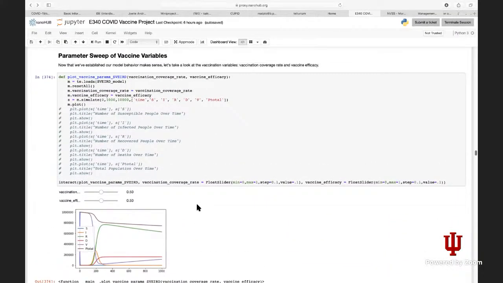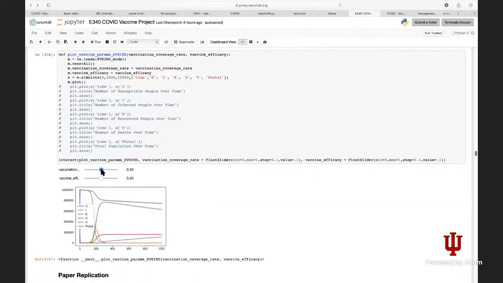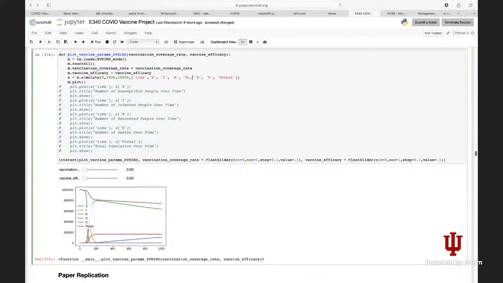So now we sweep for the vaccine variables again. Start with no vaccination first, wait for that to load a bit. And that might be it. Oh, probably simulate.